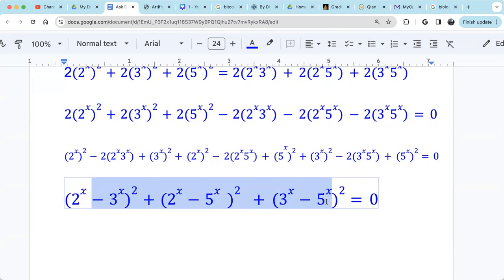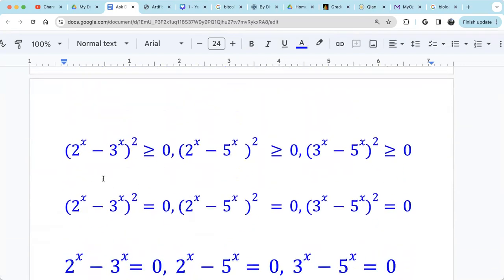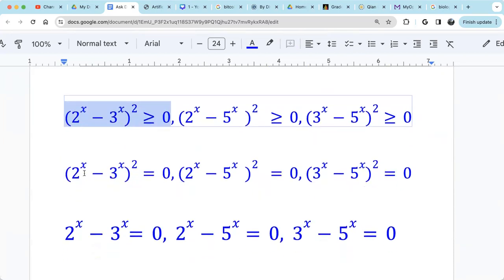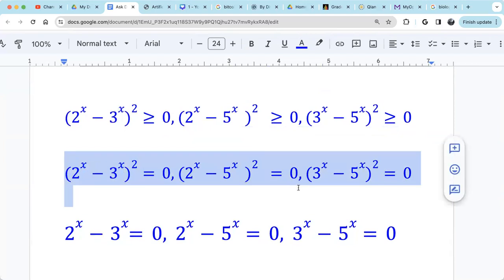In the real number system, every square has to be at least 0. So this can only be 0 plus 0 plus 0 to be 0. In this case they add up to 0, so each one has to be 0.